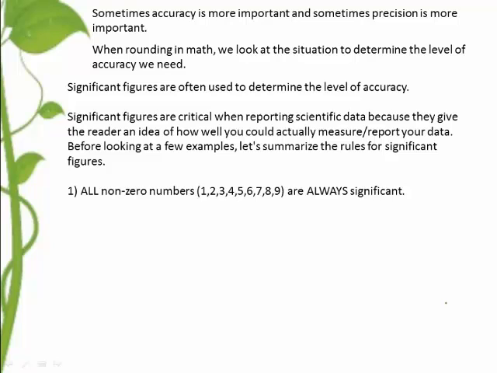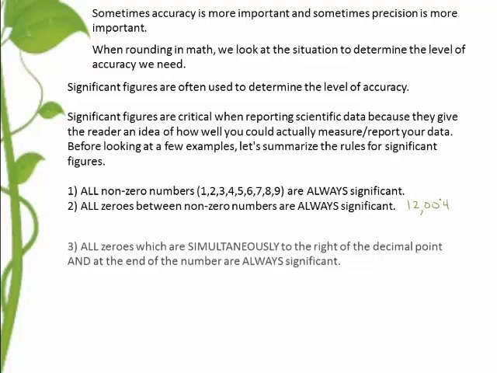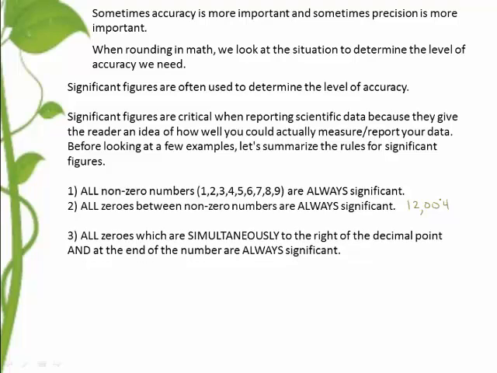First, any number that is not 0 is significant. Zeros between non-zero numbers are significant. These zeros are significant. They are between non-zeros. Zeros which are to the right of a decimal point and at the end of the number are always significant.